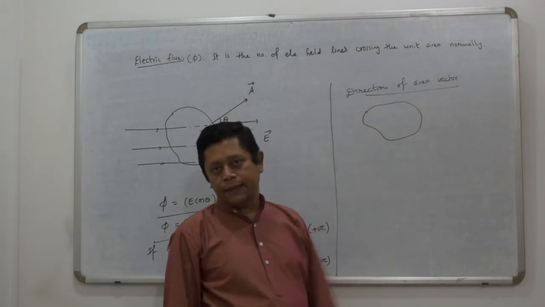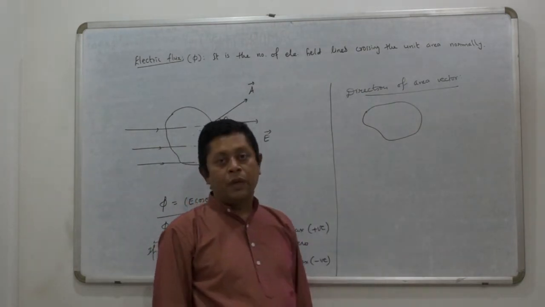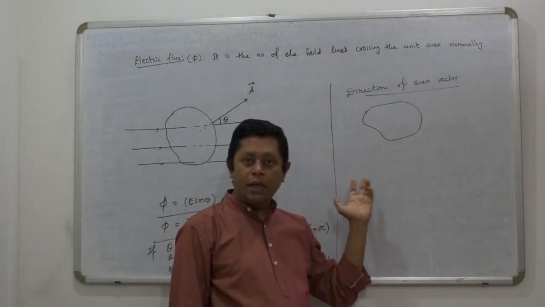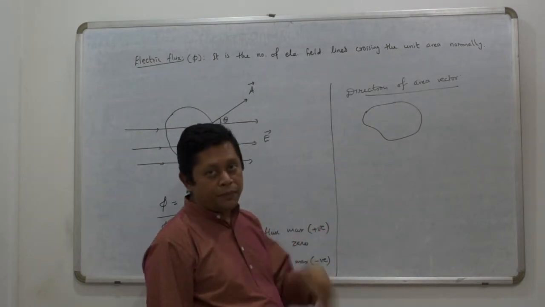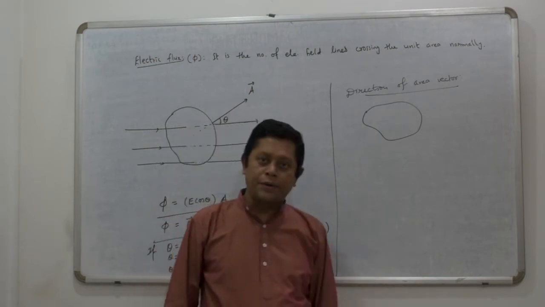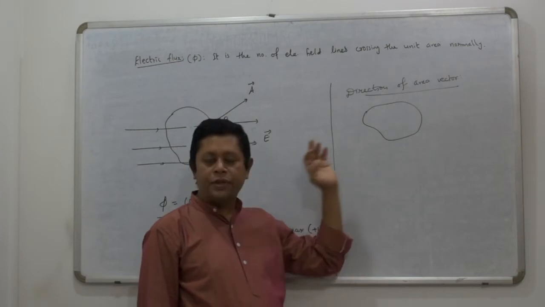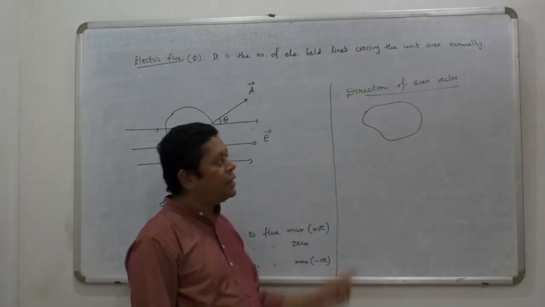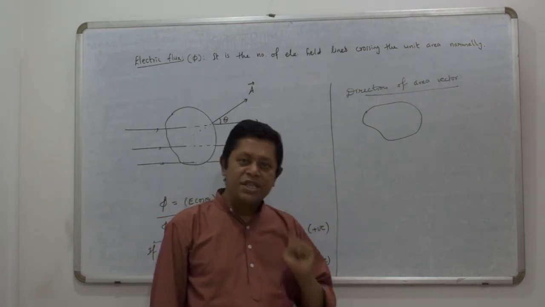The area vector for this surface is always normal to the surface. Normal to the surface means it can be outside also, it can be inside also, outward or inward. It can be in any direction. One thing is that when in any problem for this single surface you consider the area vector in a particular direction, whether outward or inward, then throughout the problem you have to consider the same direction.